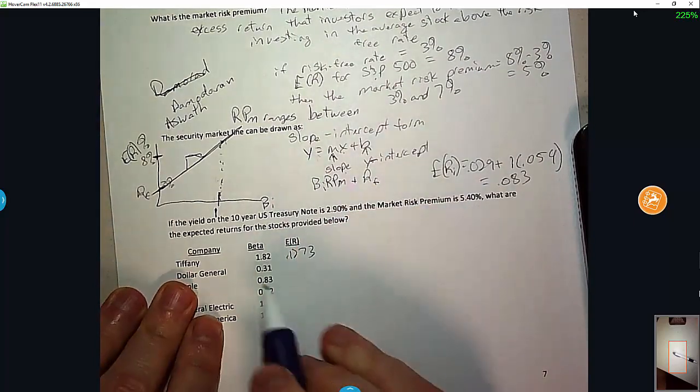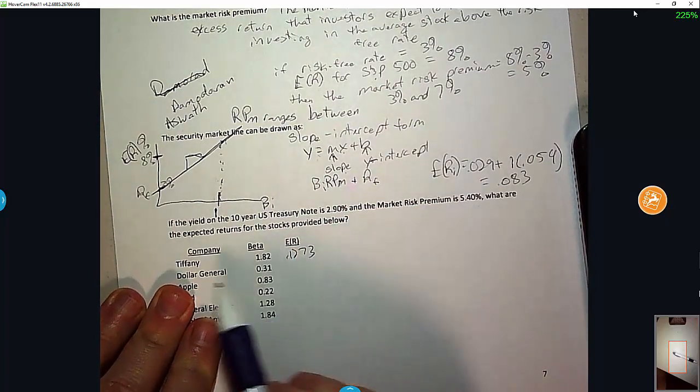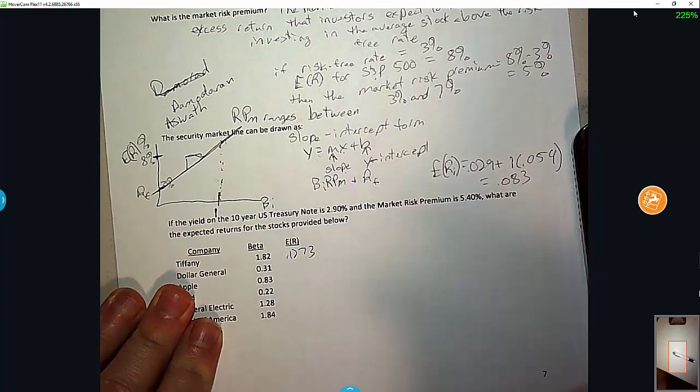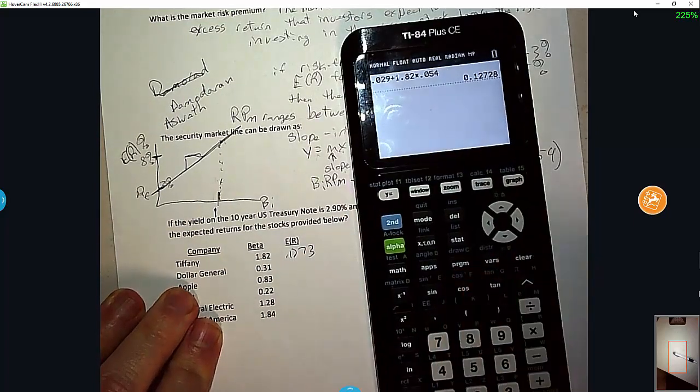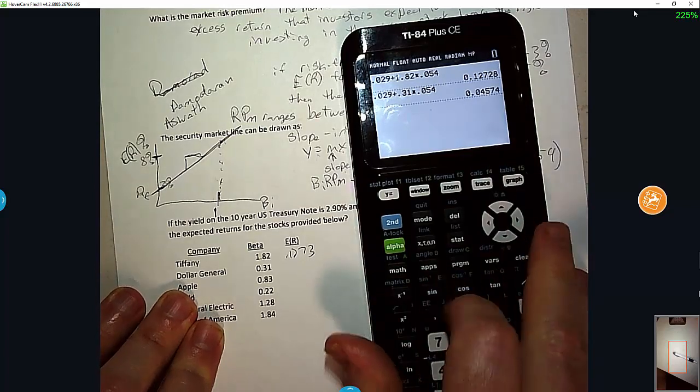So our expected return for Tiffany, based on its beta, is 12.73%. For Dollar General, 0.029 plus 0.31 multiplied by 0.054 gives us a value of 4.57%.